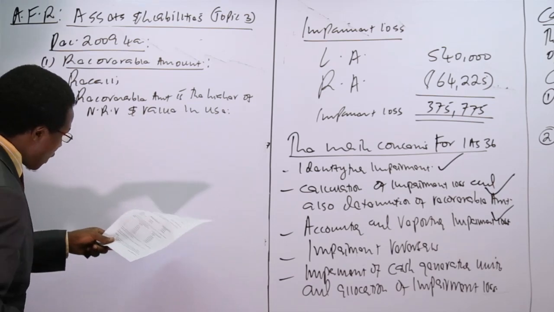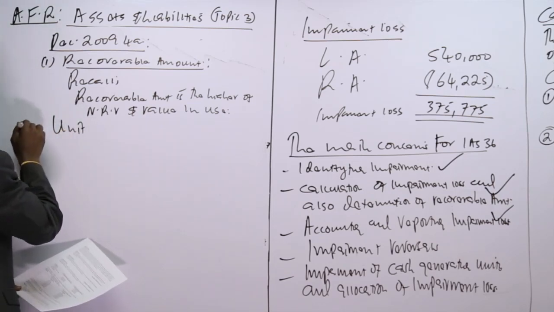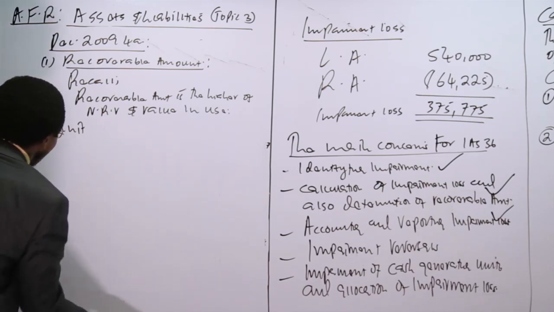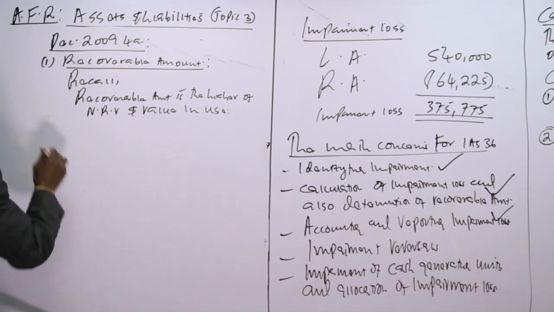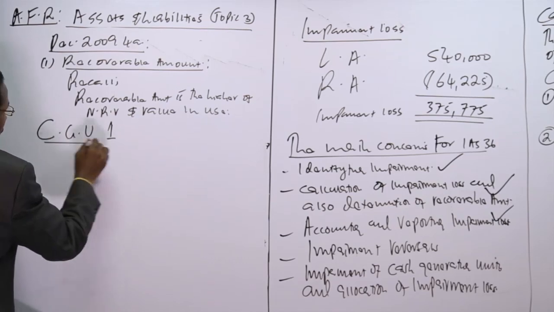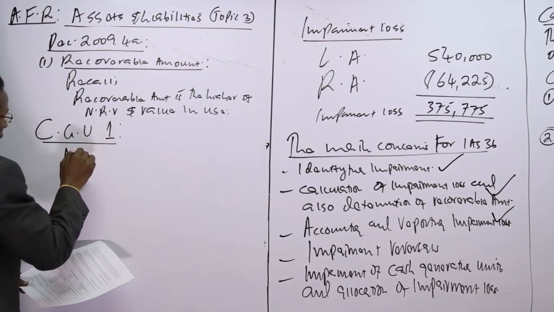Let me look at cash generating unit number 1. What is our net realizable value?